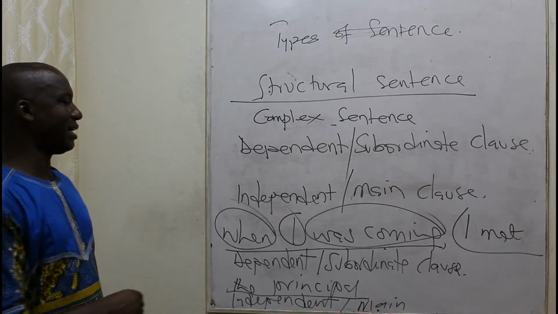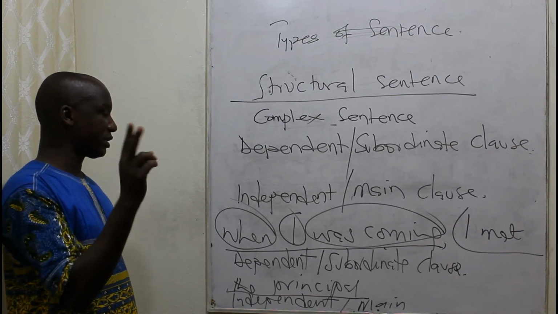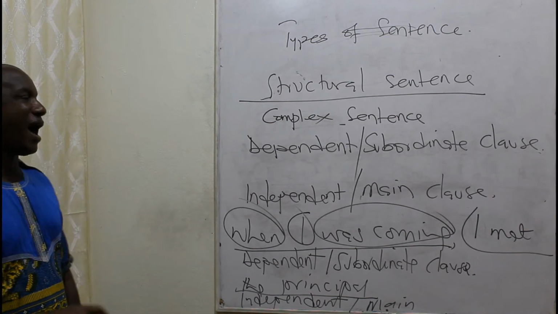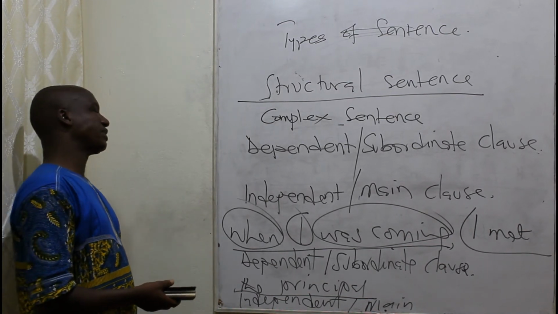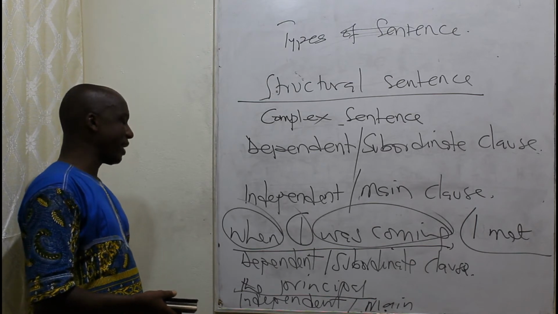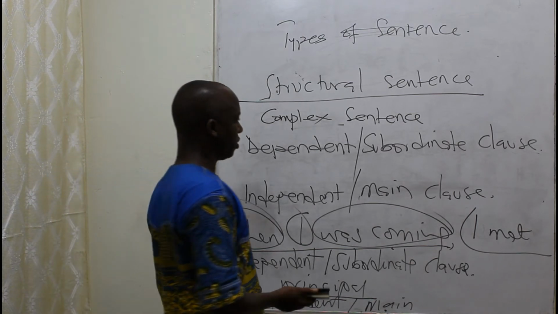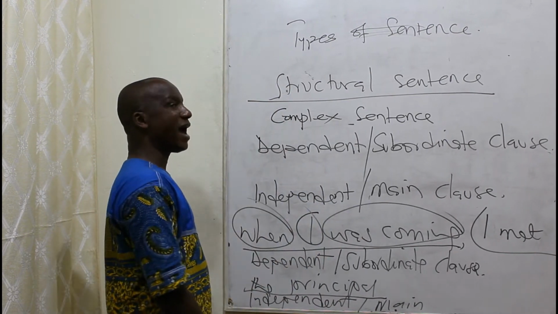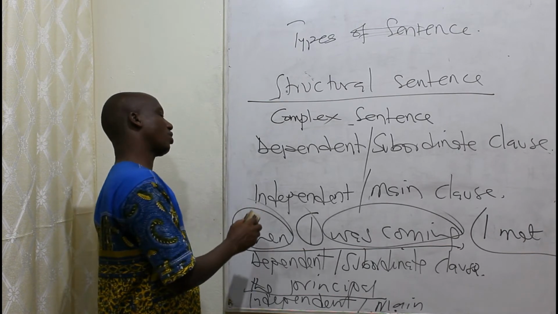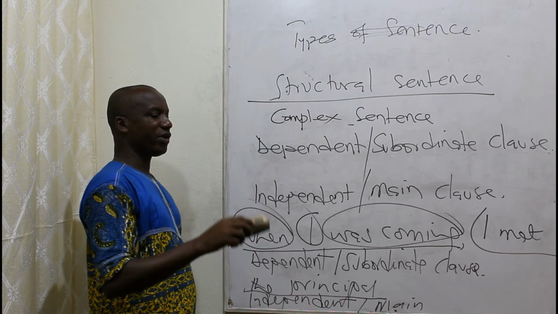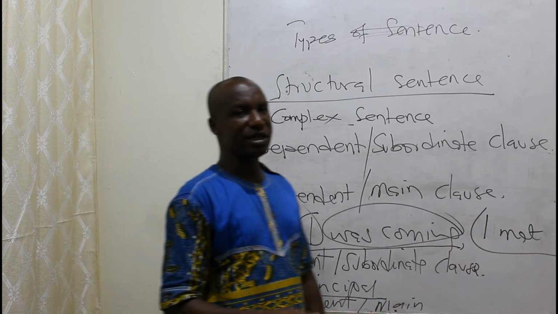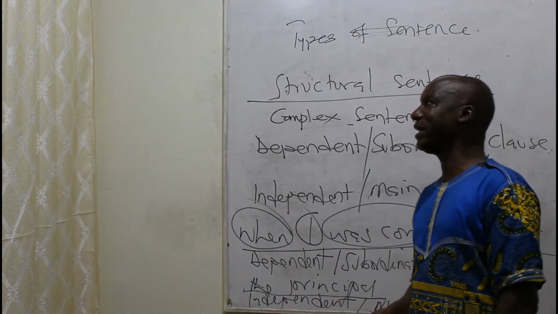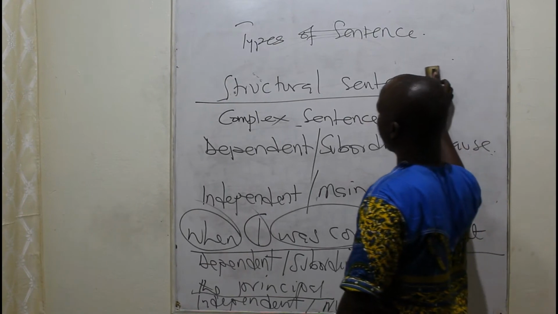So we have different clauses in a complex sentence: the dependent or subordinate clause and the independent or main clause. They are unequal because the dependent clause cannot stand on its own, but the independent clause can stand on its own without the dependent clause.